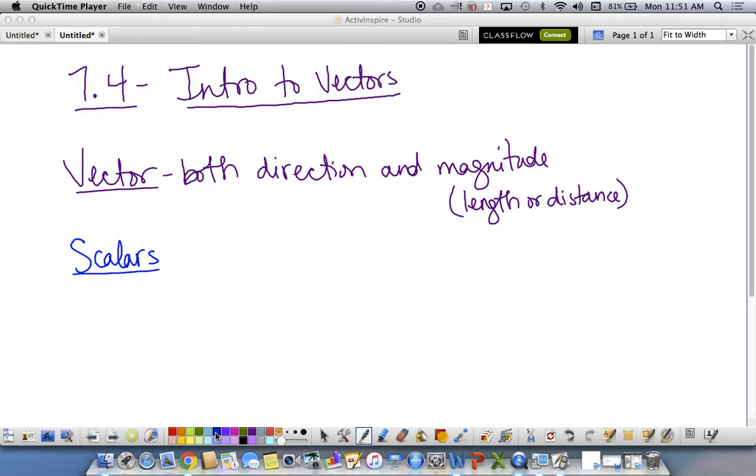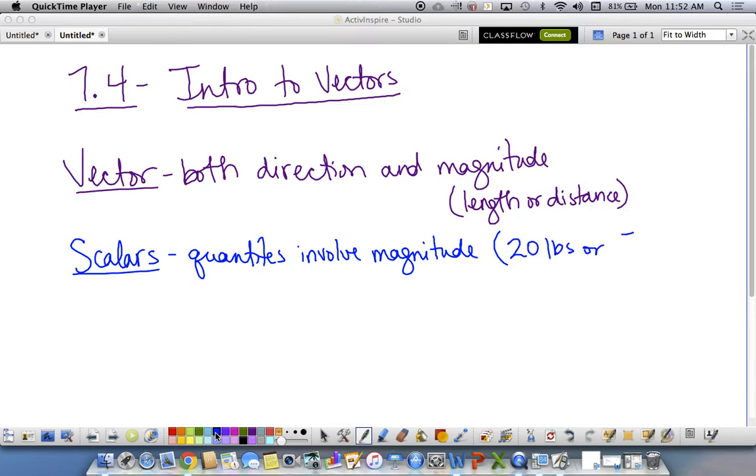Scalars are just the numbers, the quantities that involve magnitude, like 20 pounds or 50 miles per hour. They don't give a direction. But if you're saying you're going 50 miles east, that's a vector quantity.